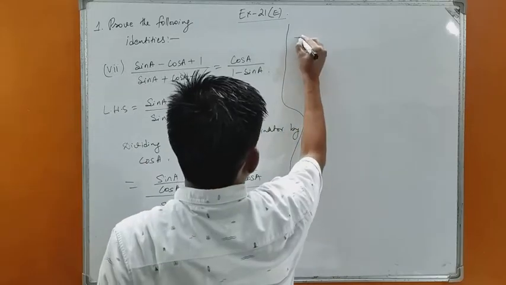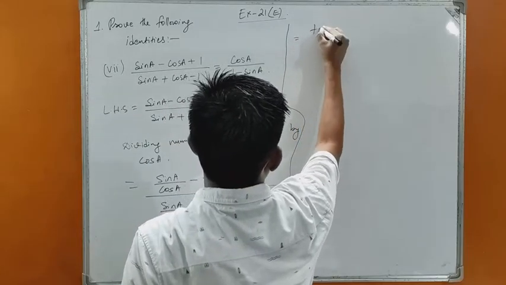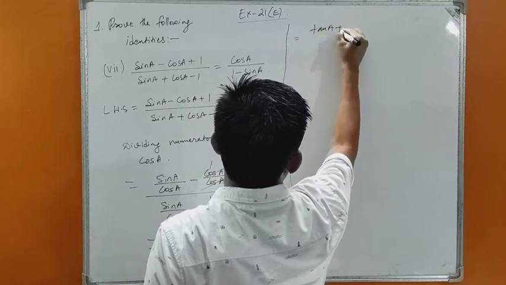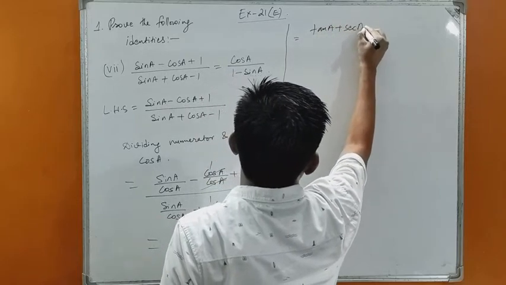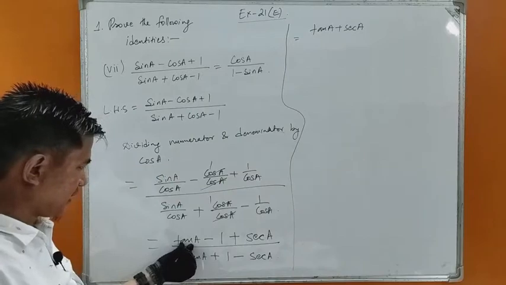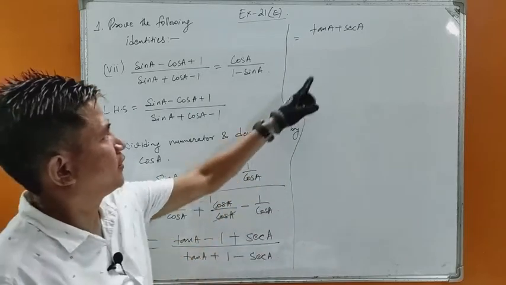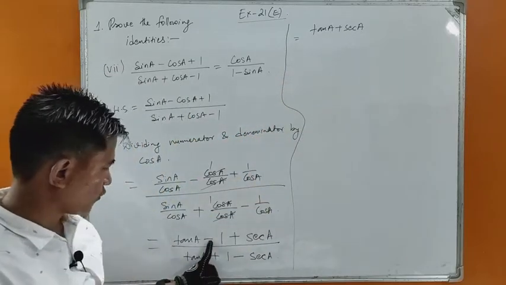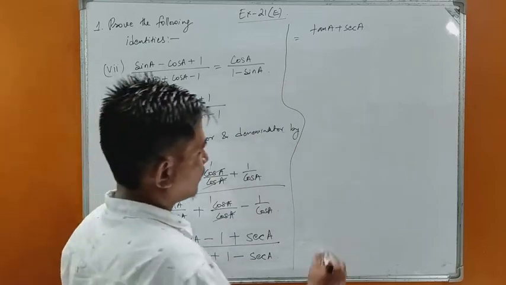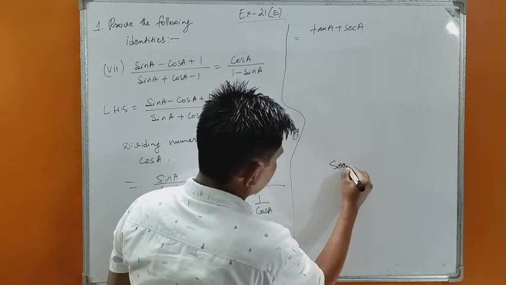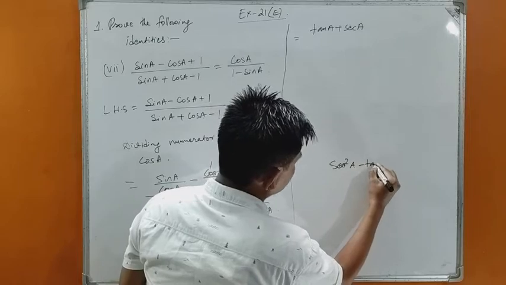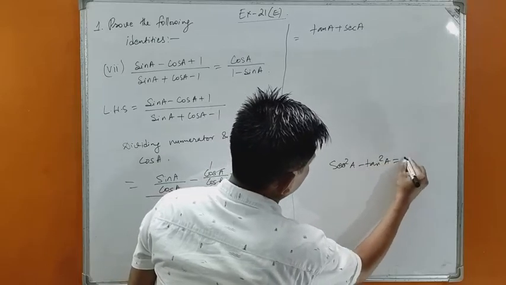Tan A plus sec A, and then we have minus 1. So you know that sec square A minus tan square A equals 1, isn't it?